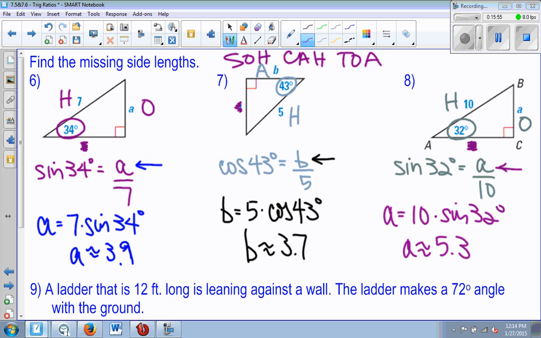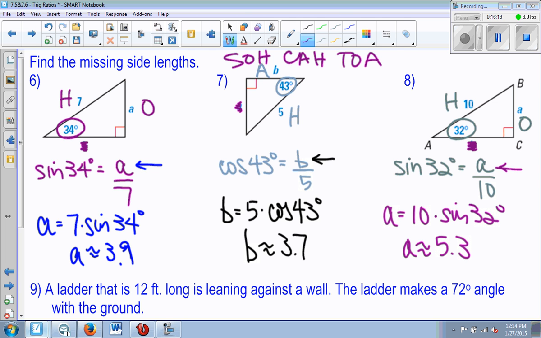So the third way we can find missing lengths in a triangle is using sine, cosine, and tangent, our trig ratios. Now, all of the stuff we learned about today is specific to right triangles. So you can use trig ratios in any right triangle, and that will help you find the missing parts of the triangle. There's a lot more to this.